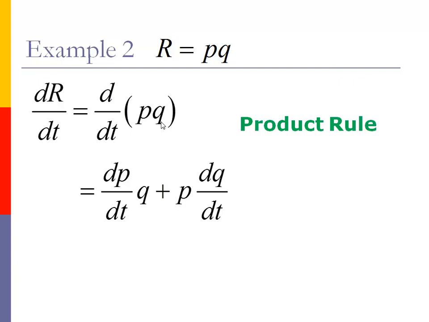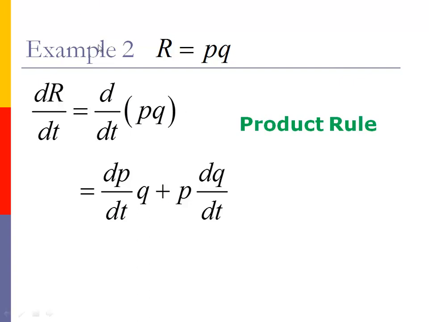When I see P times Q, I've got to do the product rule, which says do the derivative of the first thing, in this case P. So I'm going to do the derivative of the price, that's the dP/dt, leaving the second piece alone, and then plus the first factor left alone, times the derivative of the second variable, the dq/dt. So I'm doing the derivative of each one separately while I leave the other thing alone. And so that would be the derivative of our revenue with respect to time, a new variable.